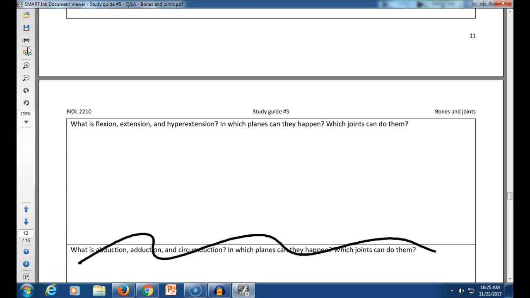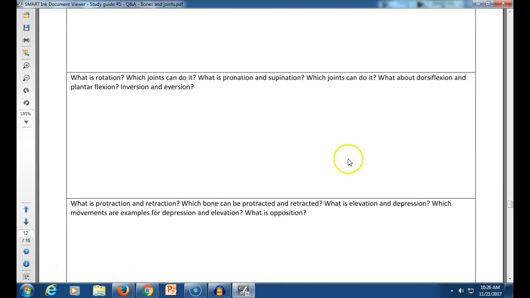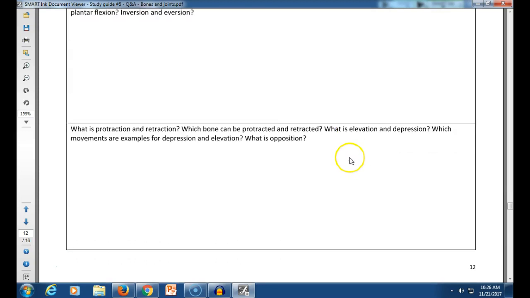Know the planes, because planes really help. Now, I'm not going to ask you which joints can pronate and supinate, or which joint such and such. It's going to be more in the line of those two lousy questions that were in the quiz.